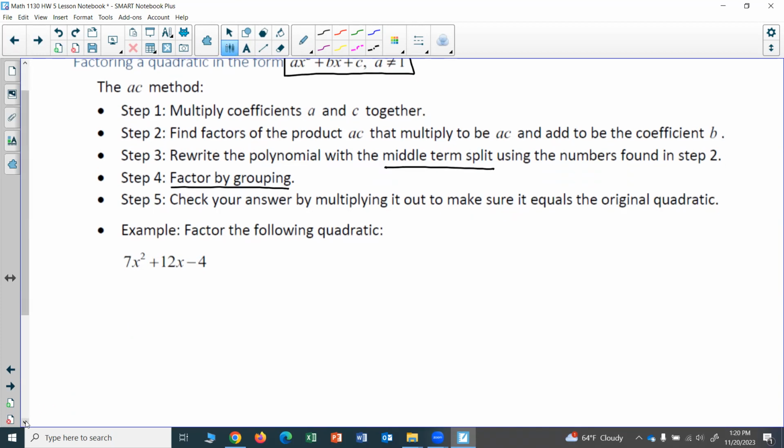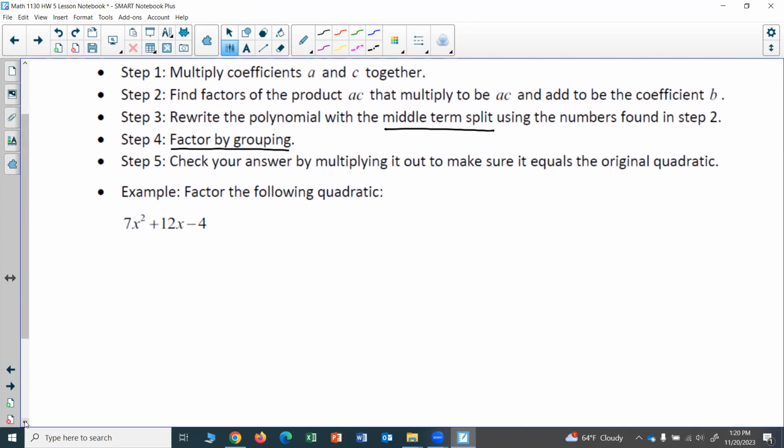All right, so let's go ahead and use these steps to factor 7x squared plus 12x minus 4. So first, let me identify my a, b, and c. So a is the number in front of the squared term, a equals 7. B is the number in front of x, so b equals 12.